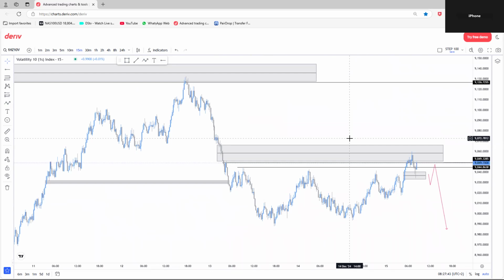Remember, we're on a downtrend currently, so pullbacks are buys in this case. That's why I'm talking about the top A's.